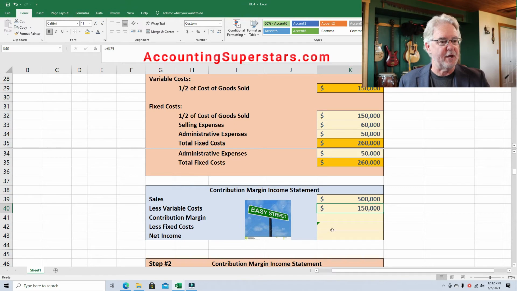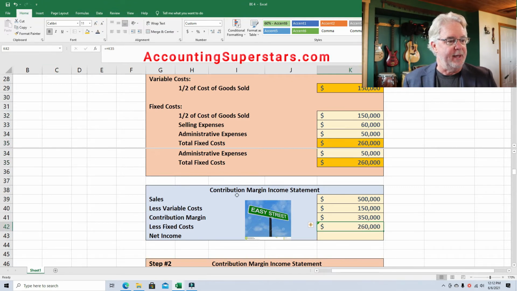And to figure out the contribution margin, all we have to do is subtract. So we'll get 350,000. Fixed costs, we figured out what that was. Fixed cost right here, 260,000. Write that down. And net income, all we have to do is subtract 350,000 minus 260,000. There it is, $90,000. We've got our contribution margin income statement.